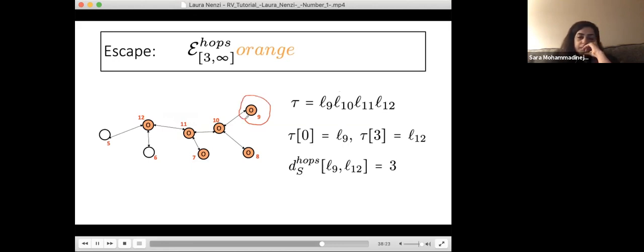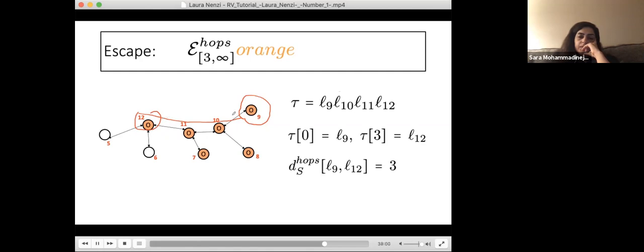There is a route L9, L10, L11, and L12 that has L9 as first element, and there is an element L12, such that the distance between L9 and L12 is 3: 1, 2, 3. And all elements satisfy the orange property.